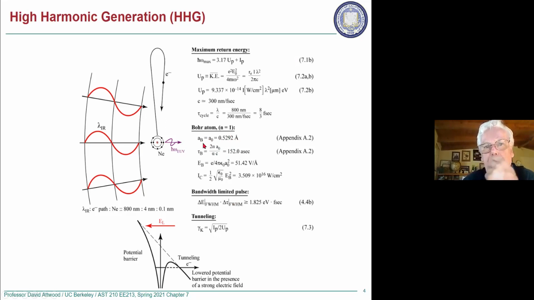I called it here also A sub B for Bohr because we have several other things that relate to the Bohr model of the hydrogen atom. And this time is the circulation time for an electron to make a full cycle. It's 152 attoseconds.